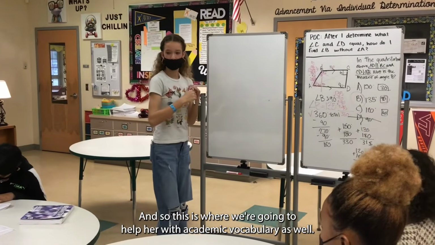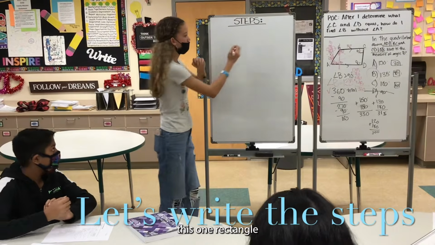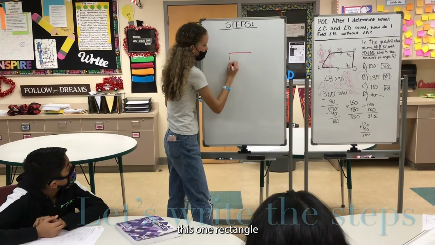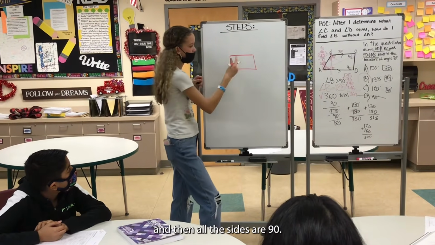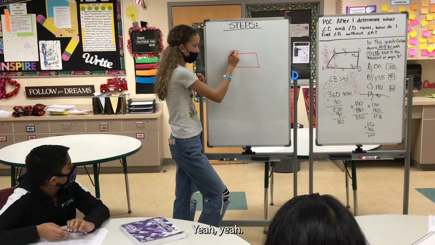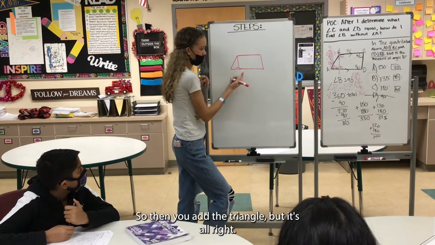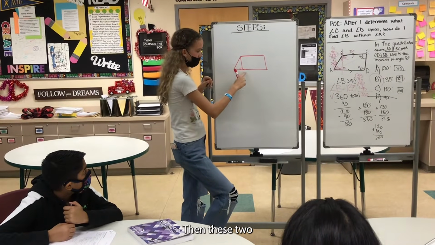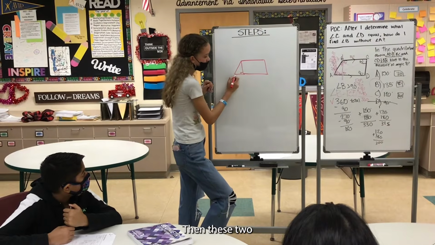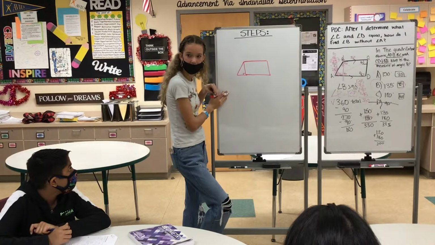Perfect. Okay. Alright, so this is where we're gonna help her with the academic vocabulary as well. This is way more confusing. The one rectangle, and then all the angles are 90, right? Yeah, the angles. So then you add the triangle, which is a right triangle, and because it's a right triangle, these two angles are going to be the same.